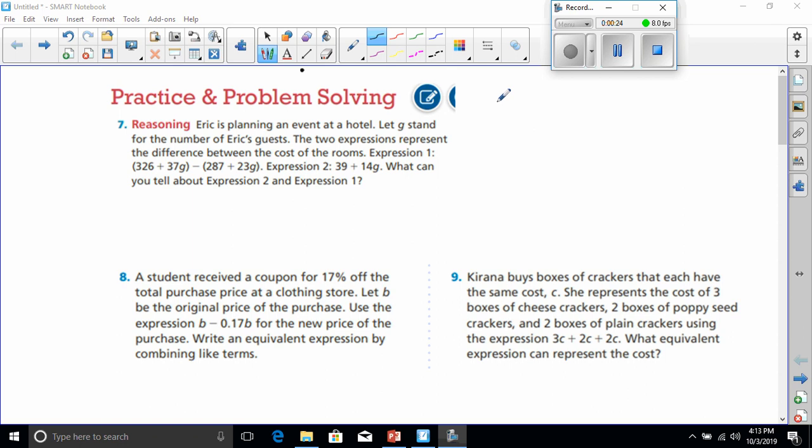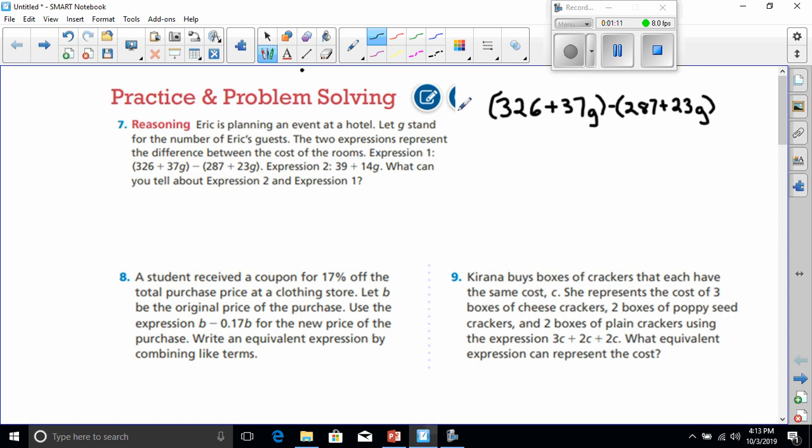Expression 1 looks like 326 plus 37G, and we're going to minus 287 plus 23G. Expression 2 is 39 plus 14G.